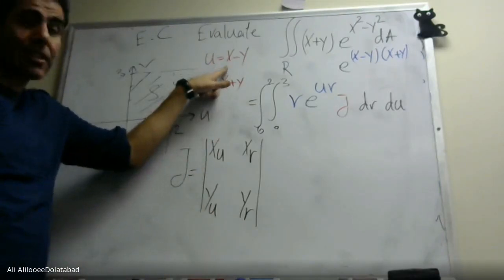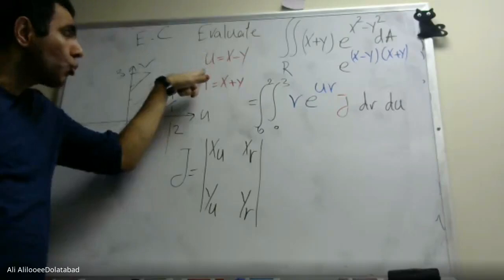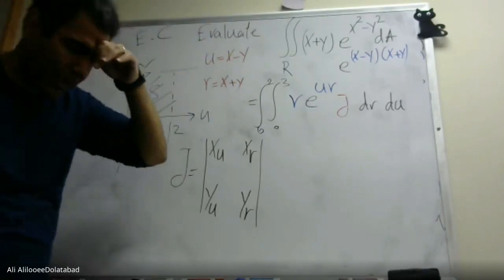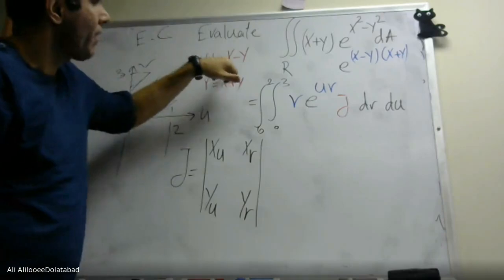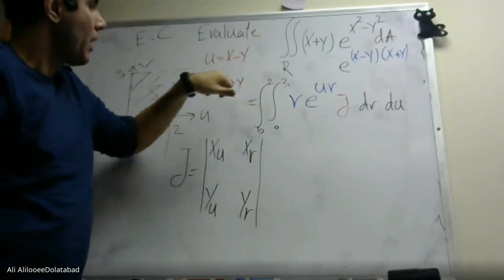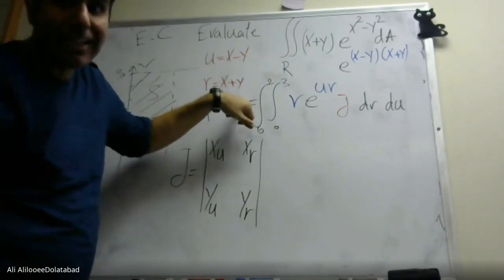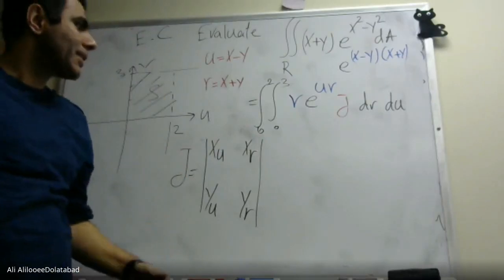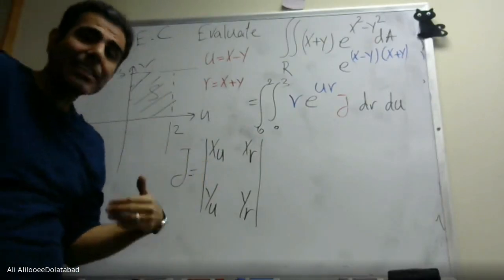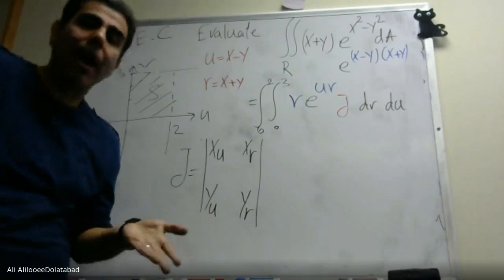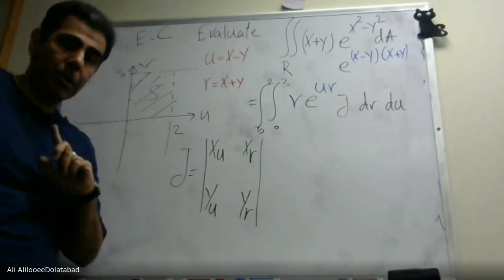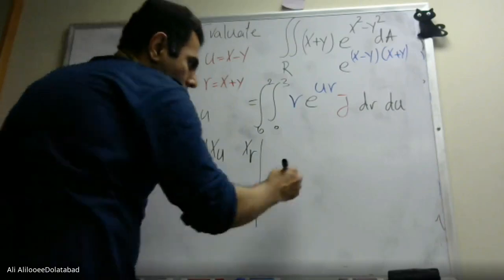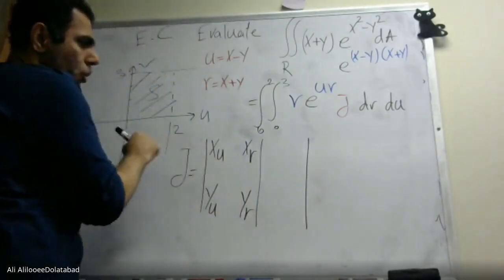But here, x is not given in terms of u and v. U is given in terms of x and y. V is given in terms of x and y. But for the previous example, if you look at your notes, you will see that x was given in terms of u and v. Then I differentiated and wrote here what we should do. Someone can say, what if we switch u and x?